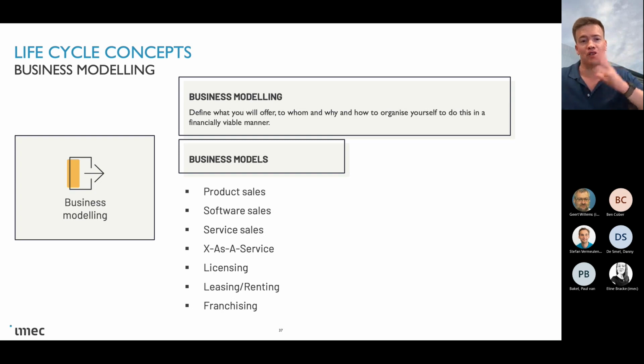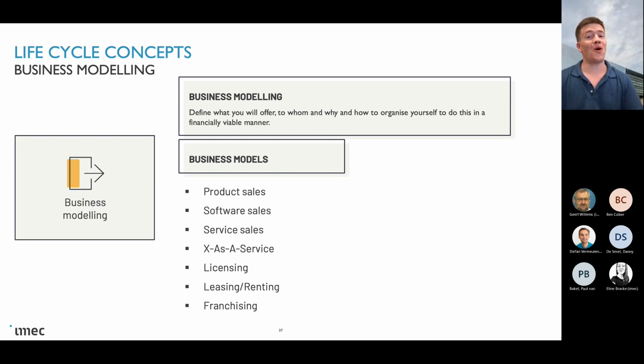You can do coffee as a service, where you not only sell a coffee machine, or maybe sell it a little bit cheaper, but like ink cartridges, you are also able to sell a service next to that, where every month you deliver that many coffees. You can do licensing of your coffee machine or renting it, leasing or renting it, of course, not licensing. And you also have the franchise, in this case not so relevant.